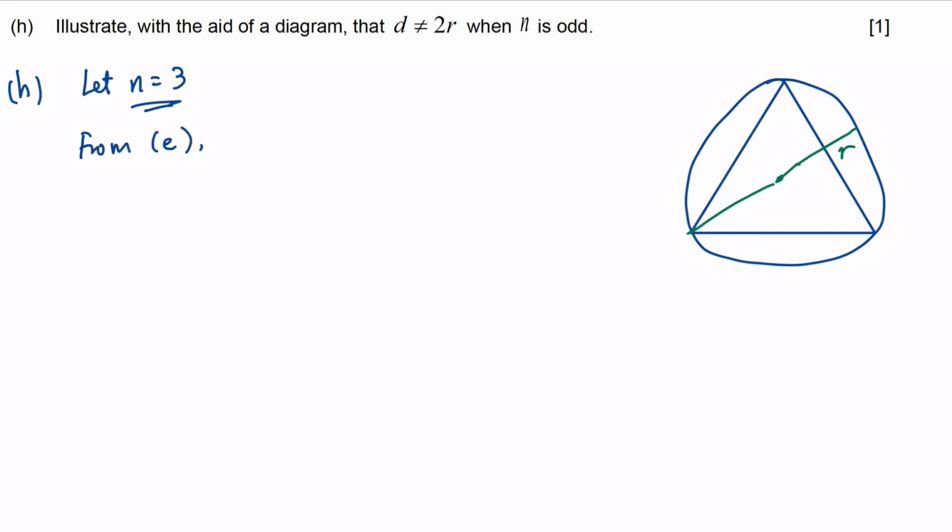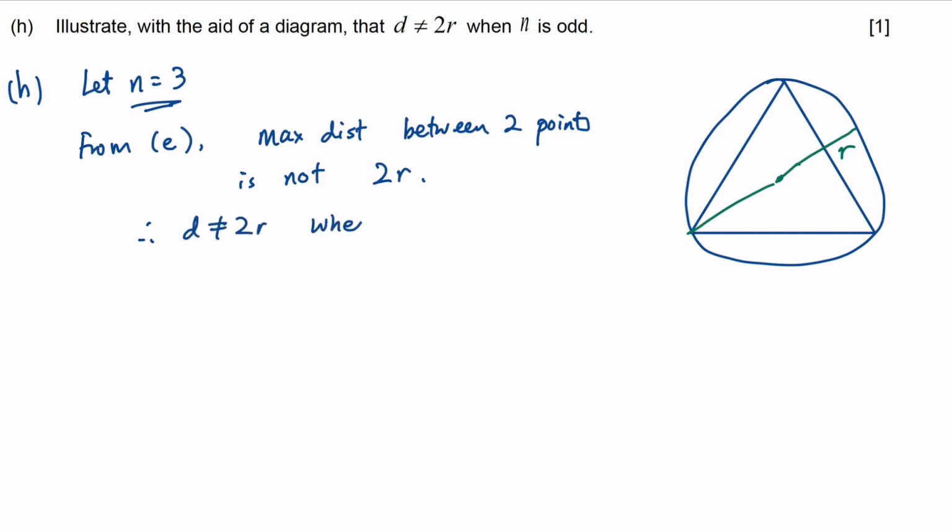The maximum distance between 2 points is not the diameter 2r. In fact, it is equal to the side. Alright, so therefore d is not equal to 2r for any odd integer.